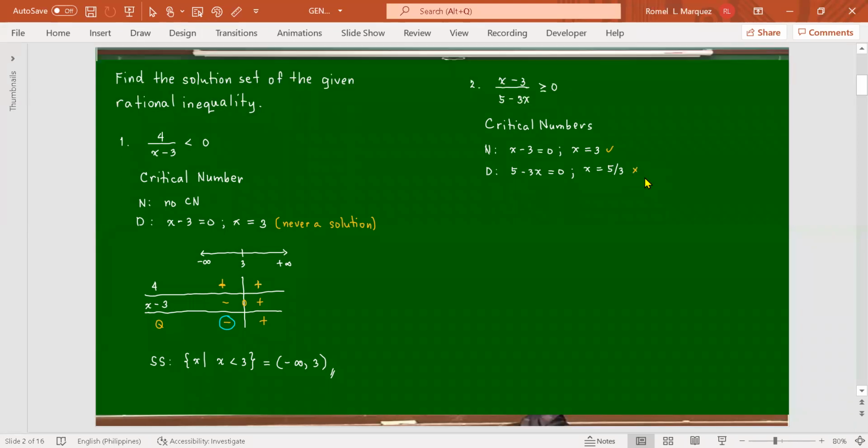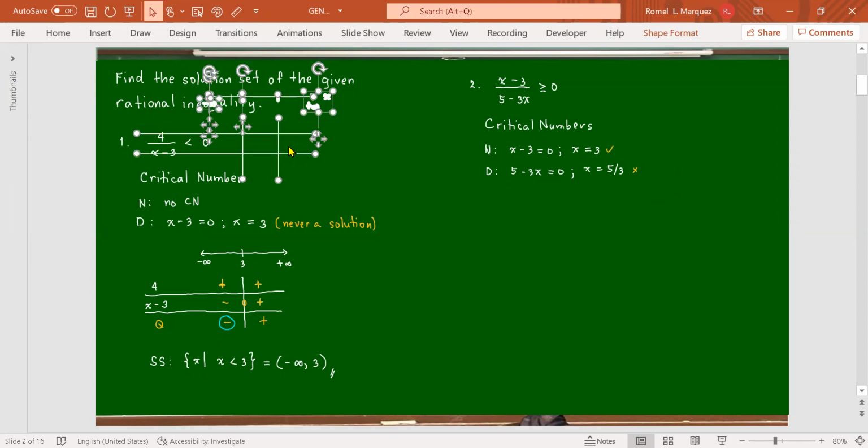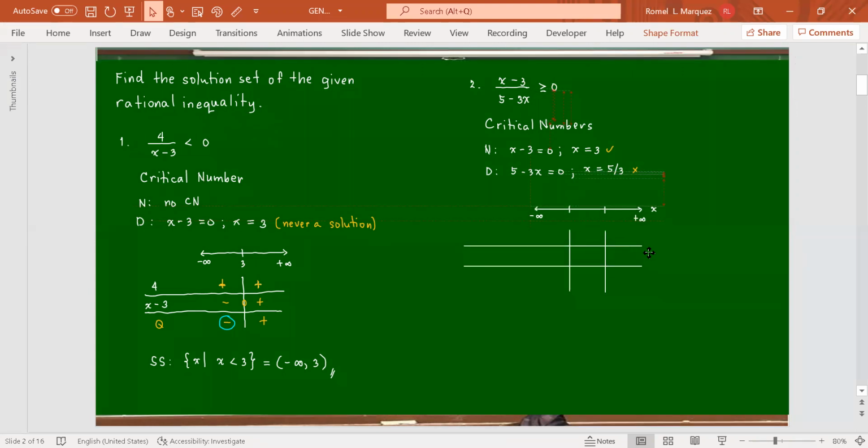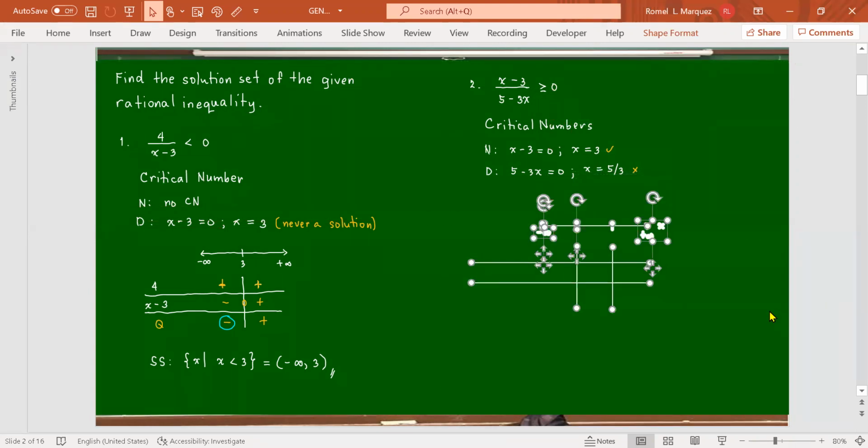No, not because it is in the denominator. So we now have this sign table. So again, what is this, guys? Sign chart or sign table.